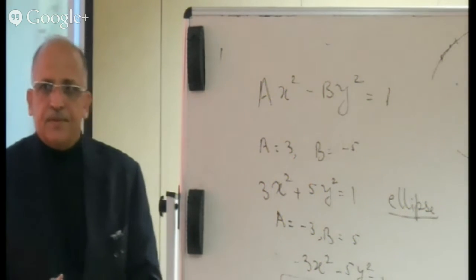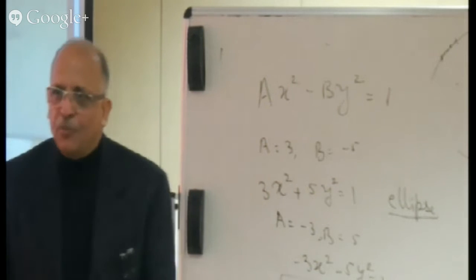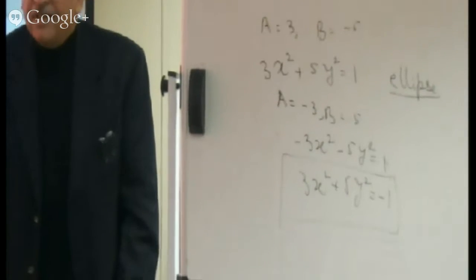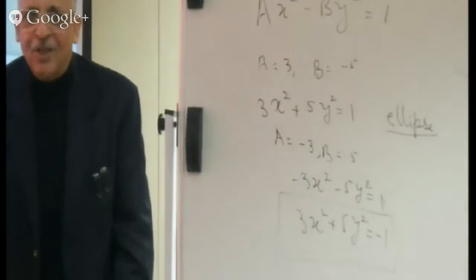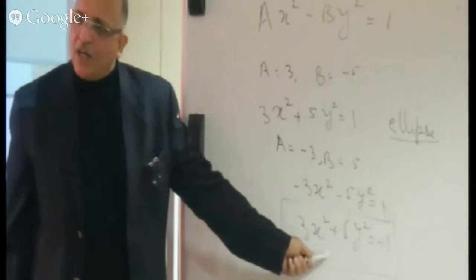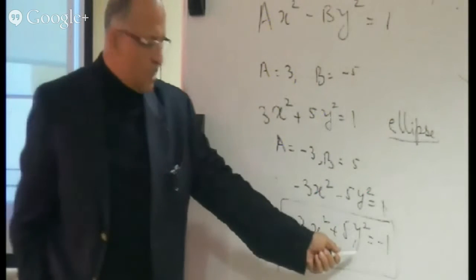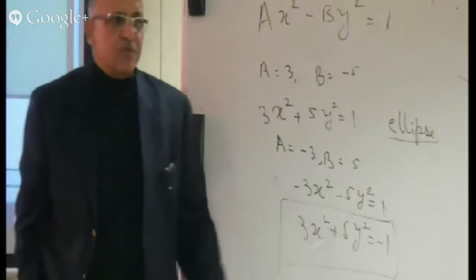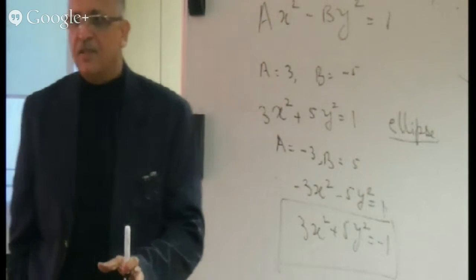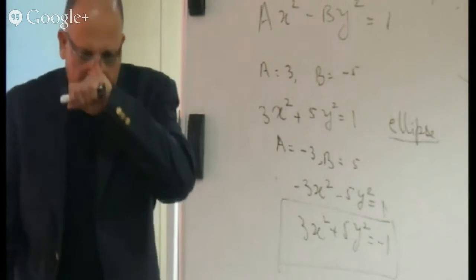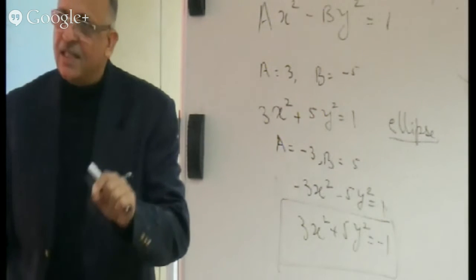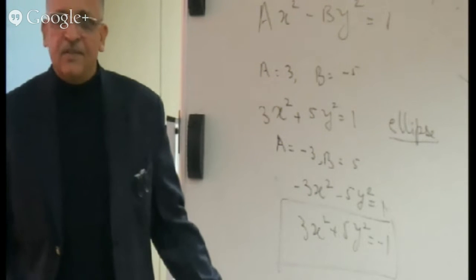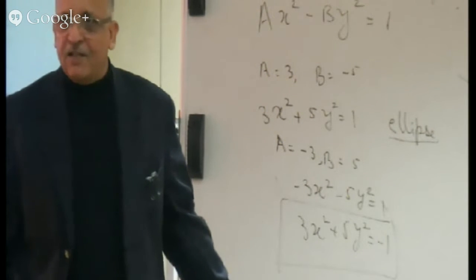Do you know some points for which this will come out to be minus 1? It will not, because this is a perfect square. It cannot be negative. So 3x square plus 5y square can never be equal to minus 1. What it means? No point on the plane can satisfy this. You cannot have real x and y for which this happens.